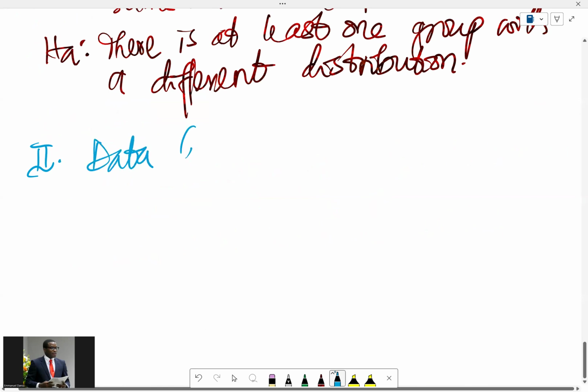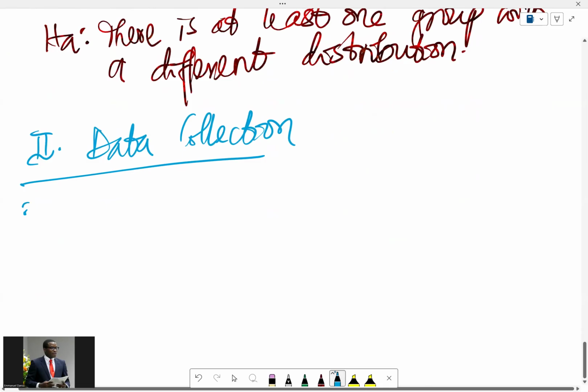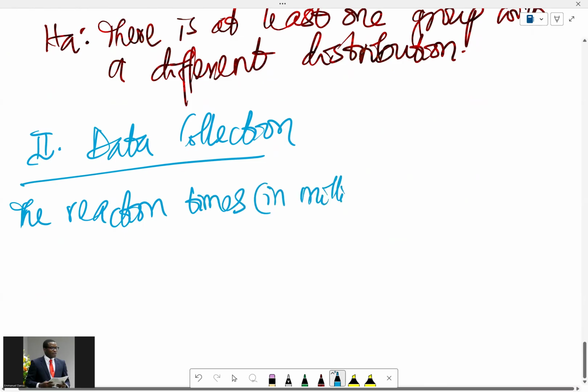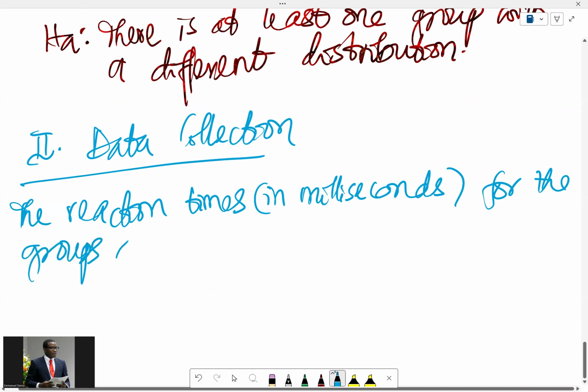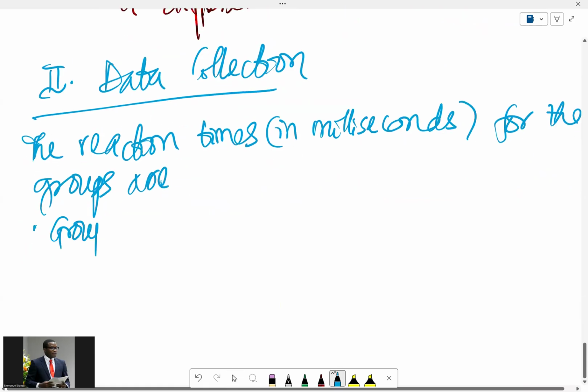So let's talk about data collection. Let's say the reaction times in milliseconds, that's one over 1,000 of a second, I believe, for the groups are: first, group one, the young group.